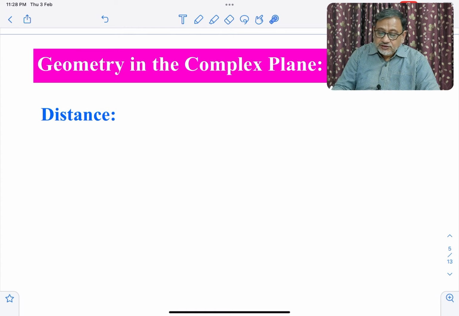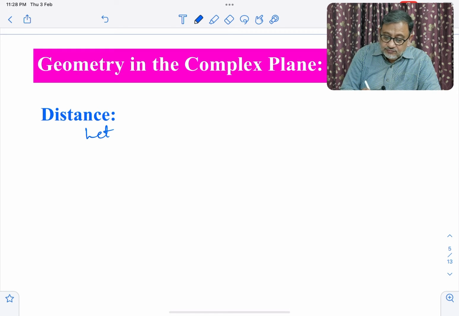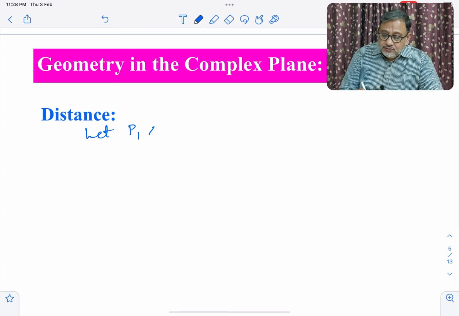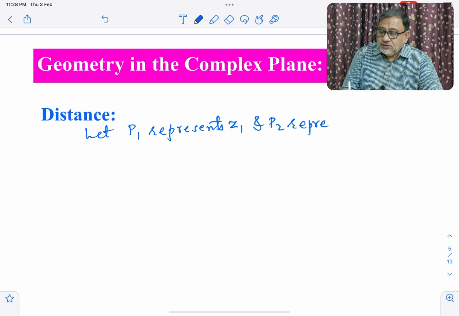First thing is distance. So let P1 represent Z1 and P2 represent Z2, the two complex numbers.